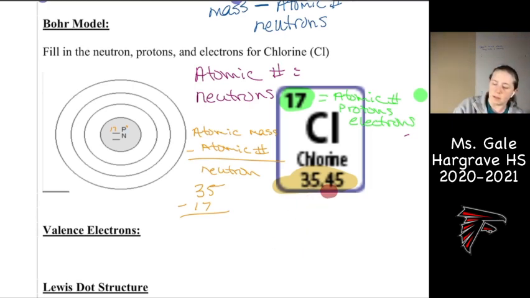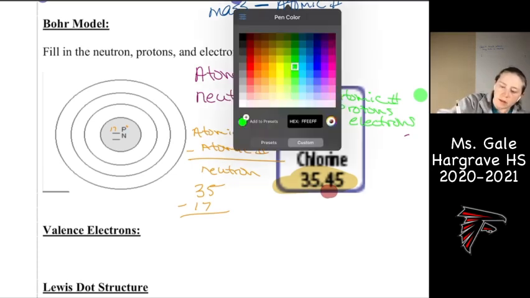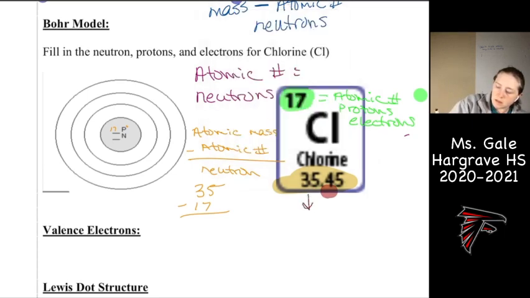There we go. 35 minus 17 is 18. So we have 18 neutrons in chlorine.